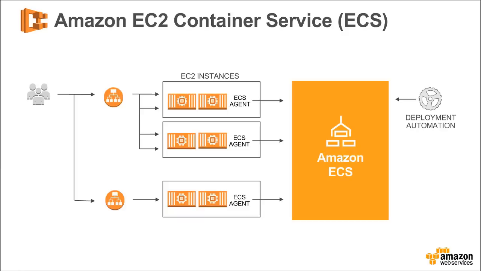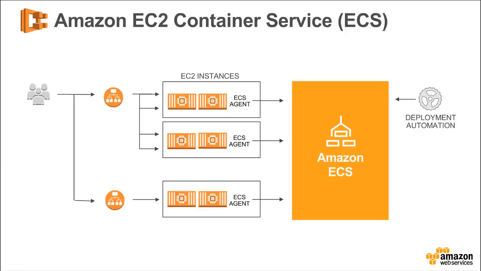You can do auto scaling, so you can scale your service to have more containers or less depending upon your load. Lots of the kinds of features you would think about using on AWS with instances. Amazon EC2 Container Service allows you to use those features within the context of containerized workloads.